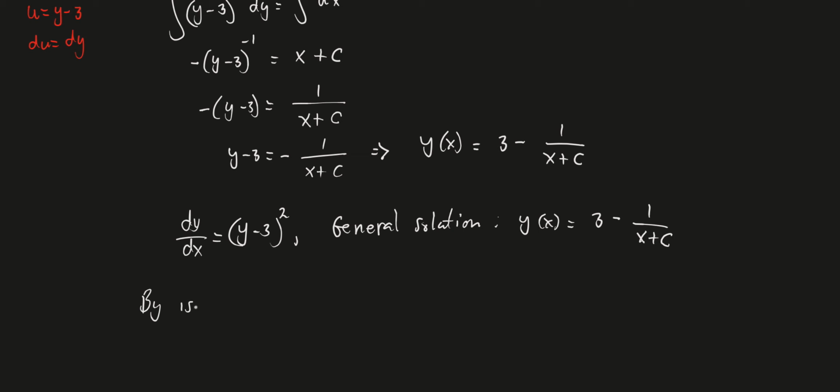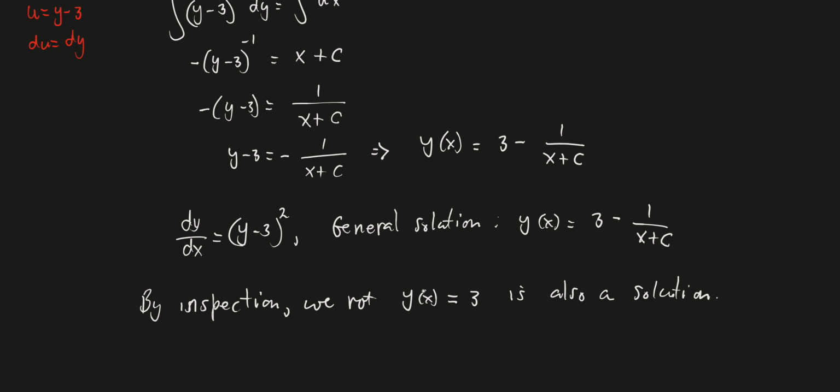By inspection, so if I look closely at the operations here, because these are not terribly difficult operations, we note that y of x equals 3, right, is also a solution. Why does it work?